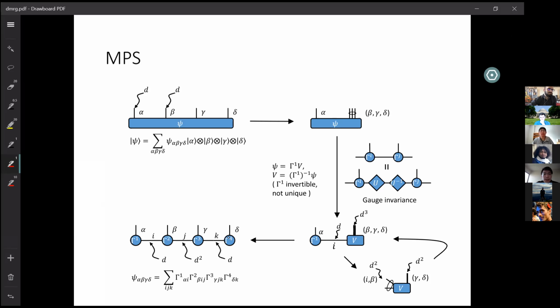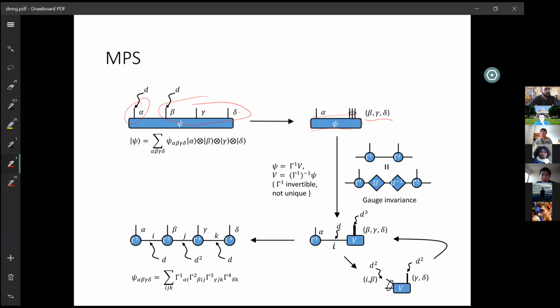We can just single out one index and combine all the three indices on the right. So we just see the three indices as one big index, right? Then this psi tensor becomes a matrix, because it's a tensor with two indices now.